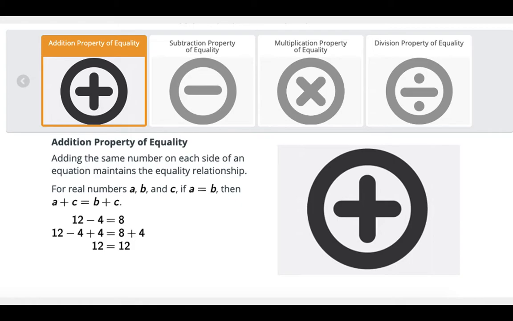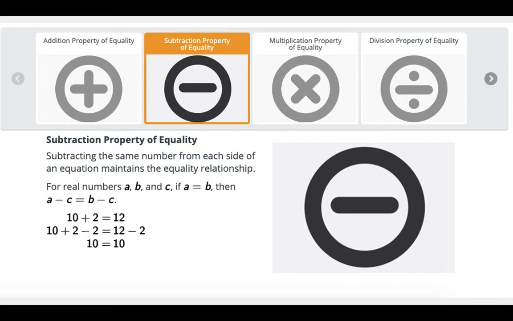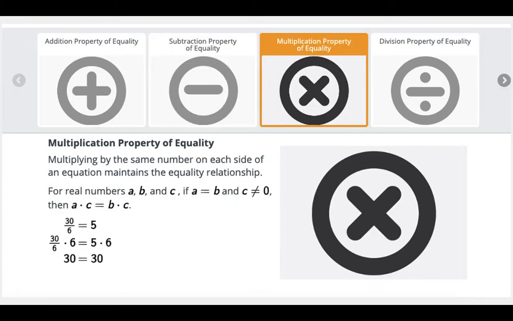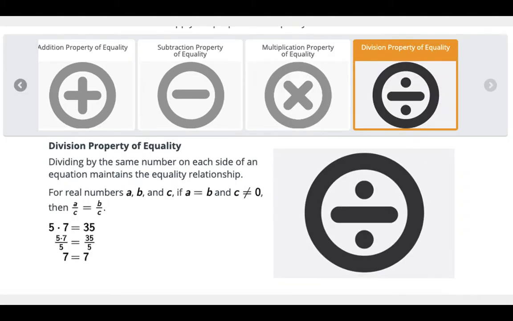Subtraction property of equality is the same thing, except you're subtracting a number or a term on both sides of the equation to make both sides equal. Multiplication: multiplying a number on both sides of the equation to make the equation equal. And then division property: dividing a number on both sides of the equation to make the equation equal.